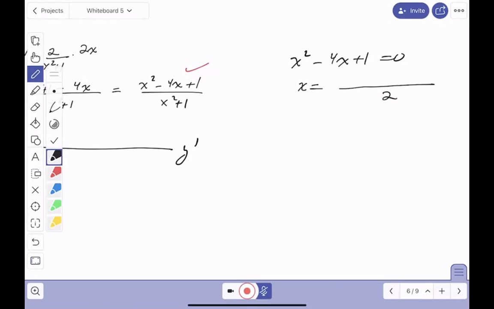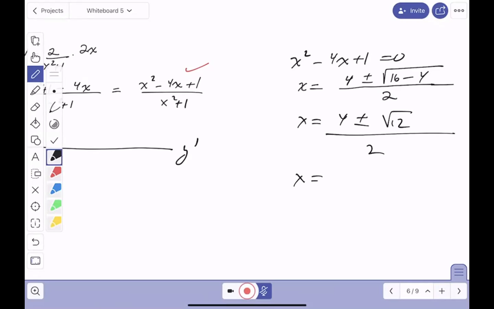So twice a, which is 2, minus b, which is 4, plus or minus the root of b squared, which is 16, minus 4 times 1, which is 4. So you get x equals 4, plus or minus the root of 12 over 2. The root of 12 would be the root of 4 times 3, so 2 root 3 over 2. x equals 2 plus root 3 or 2 minus root 3.